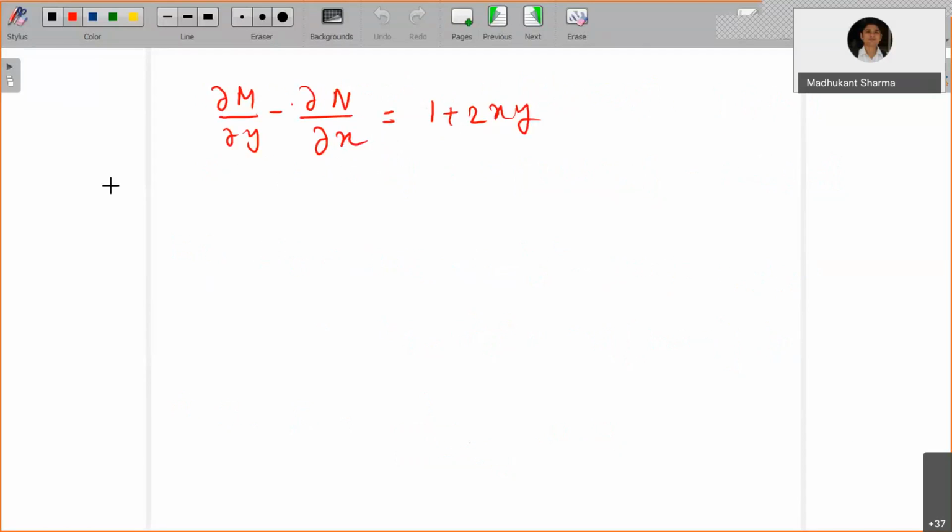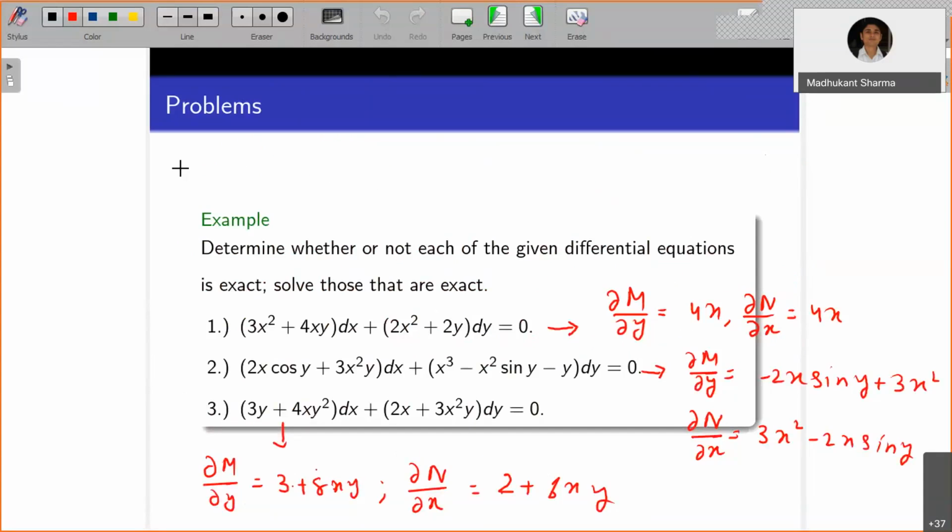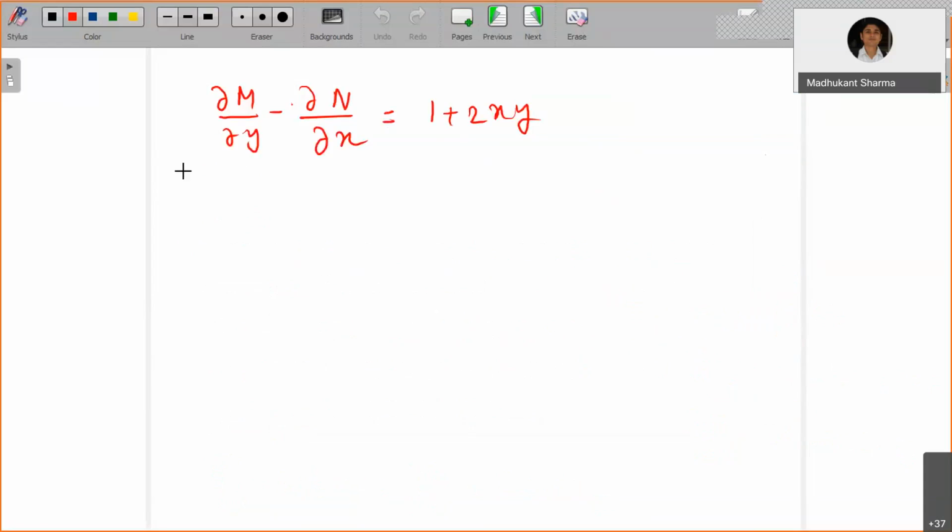Now what I am interested in here is I just want to reframe it. What I can do is modify this equation. Let's say equation number 4.